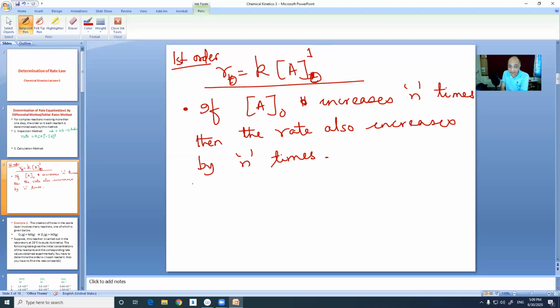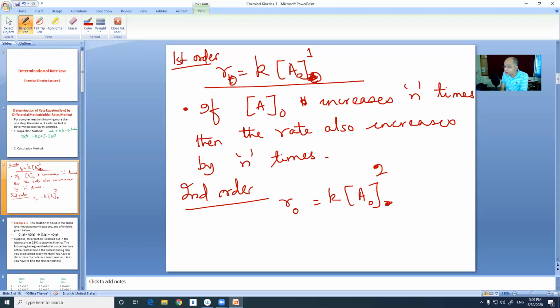Understand? But if it is a second order reaction, see what happens. Rate equals K A square. The power is 2 here.